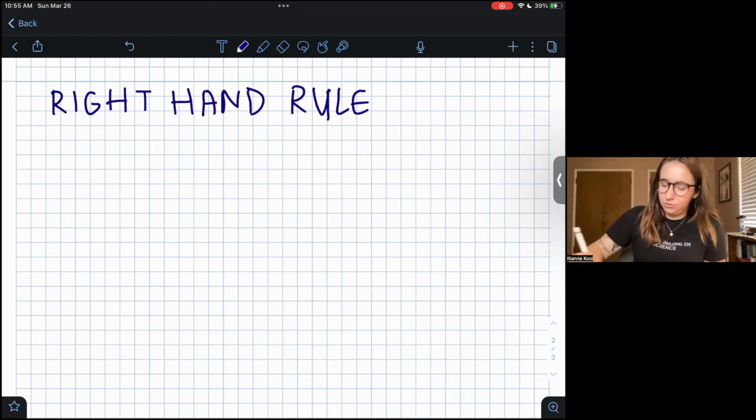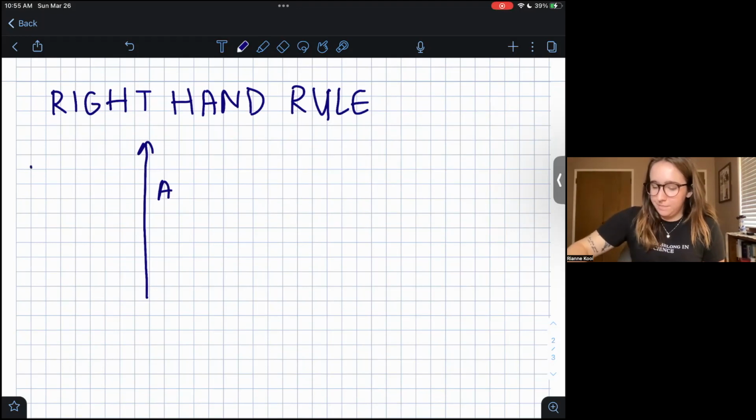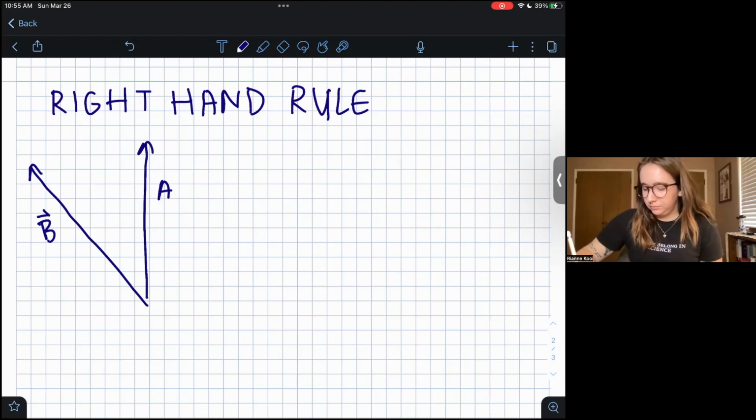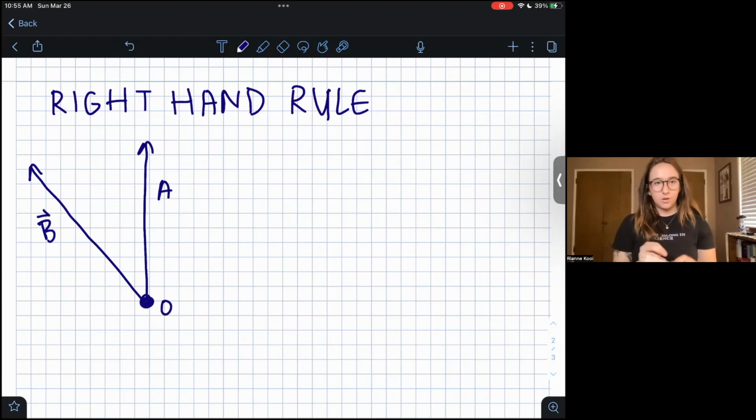Let's say you have two vectors. A goes like this and B goes like this, and that's your origin. So I'm going to point my hand in the direction of A, and I'm going to curl my fingers in the direction of B, and my thumb will give me what A cross B is.